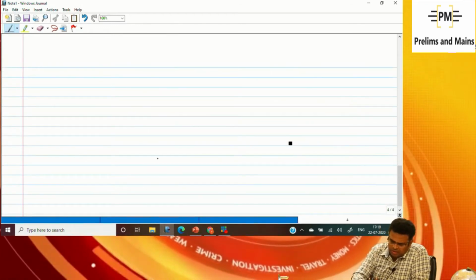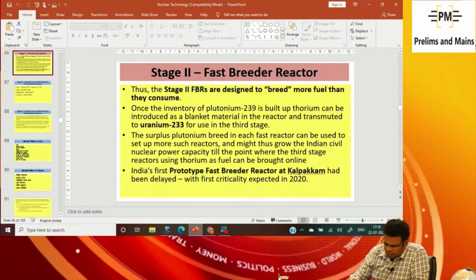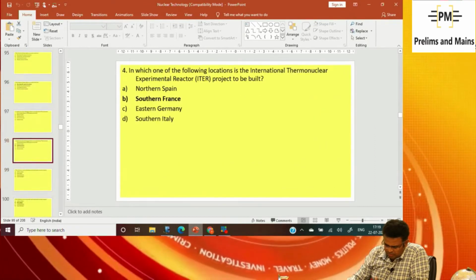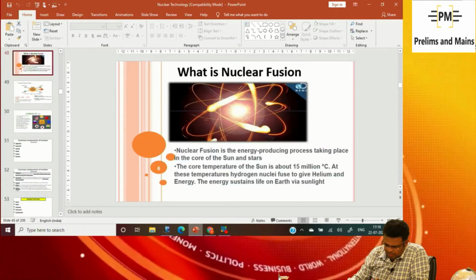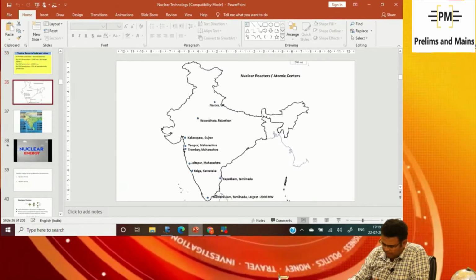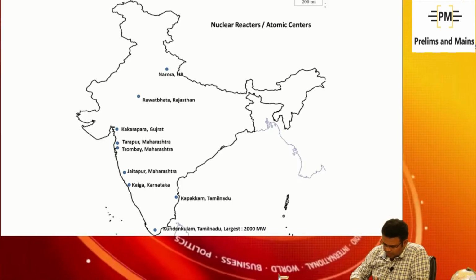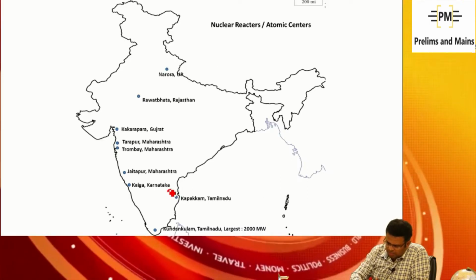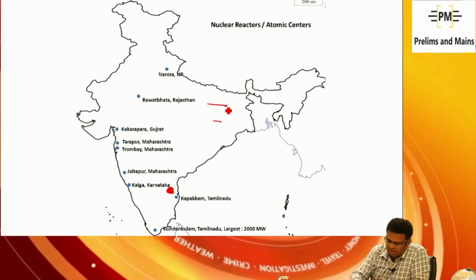If I can show you on the map of India: here is the Kadapa district in Andhra Pradesh, and this is your Jharkhand.